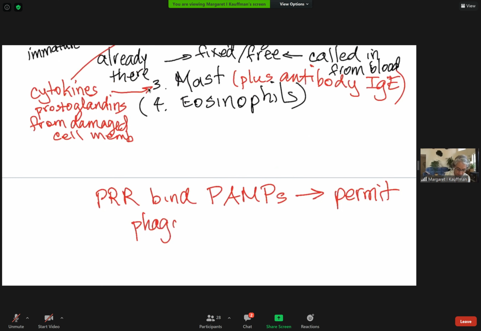Why I bring this up, we'll come to in a second, I think. It's in the next question. We haven't done all the differences between the neutrophils and the macrophages, so we'll come back to this idea.